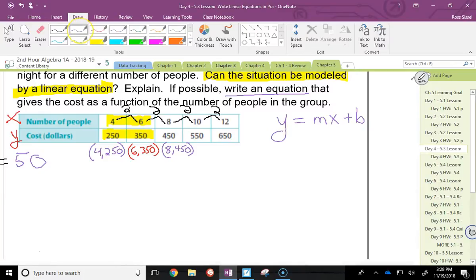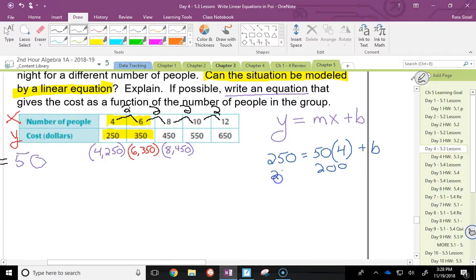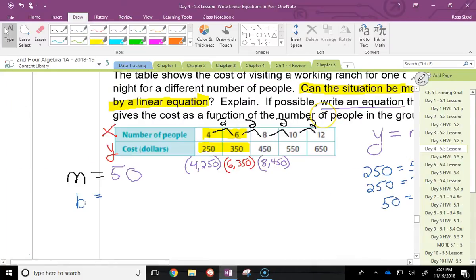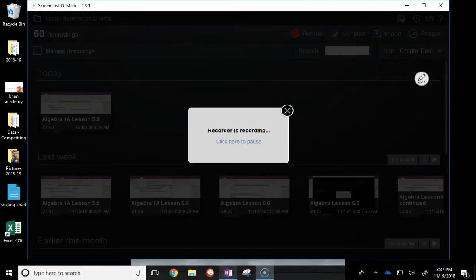For example, I can say y is 250 equals, we said my slope was 50, my x is 4, plus b. 50 times 4 is 200, so I have 250 equals 200 plus b, and we subtract by 200 and we would get 50 equals b.